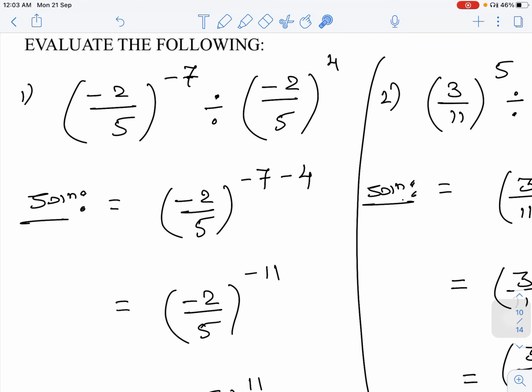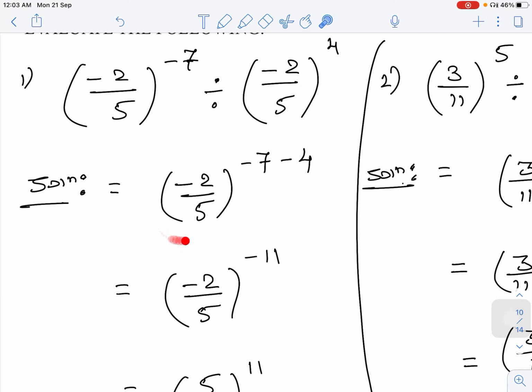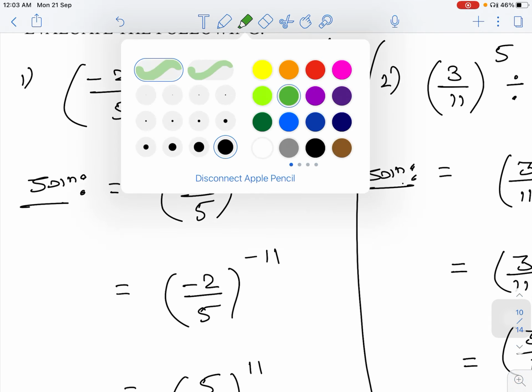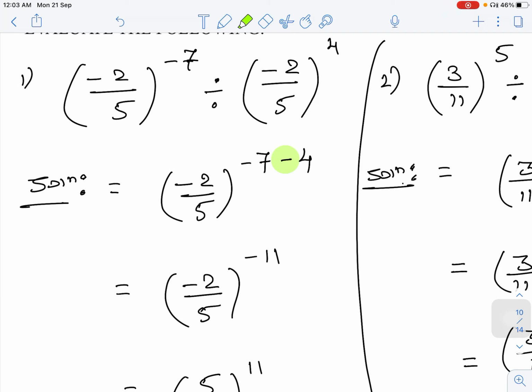So in next step, we'll write the base as it is, minus 2 upon 5 raised to, now here we have minus 7. Now remember that this minus is of subtraction. So now what you will get? Minus 7 minus this 4. That we have written here.